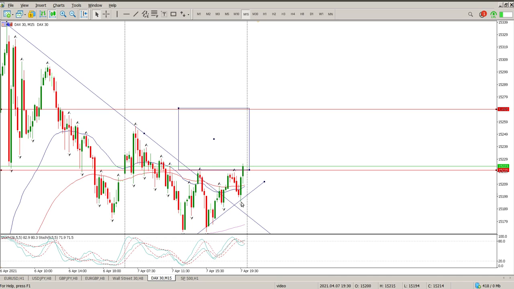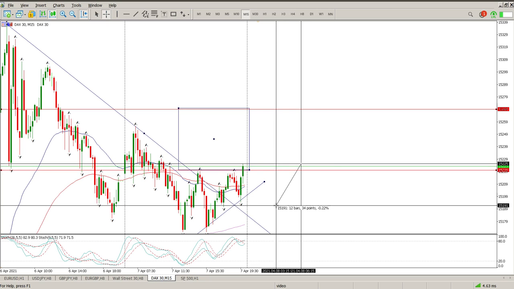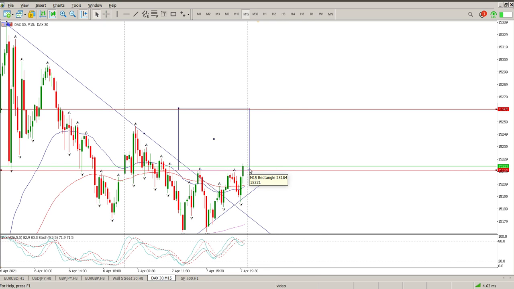So your stop can be right here at 15190, 15180, 189, something like that. It'll be just below the swing low here. So break, retest, enter long, stop right here. You're looking for about 40 points gain, and your risk is going to be somewhere in the region of 34 points. So that's a little bit more acceptable.